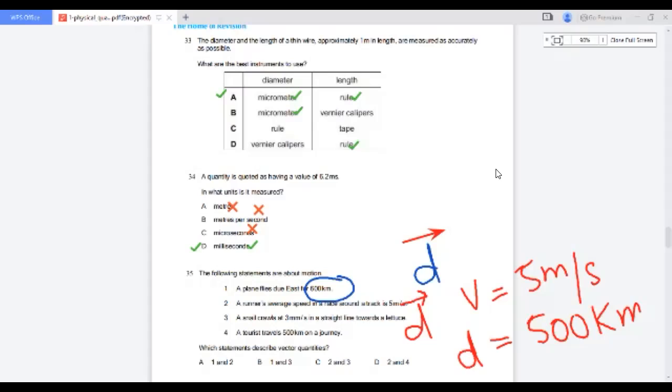So there are two quantities which are vector, option 1 and option 3. So our correct option looks like B.